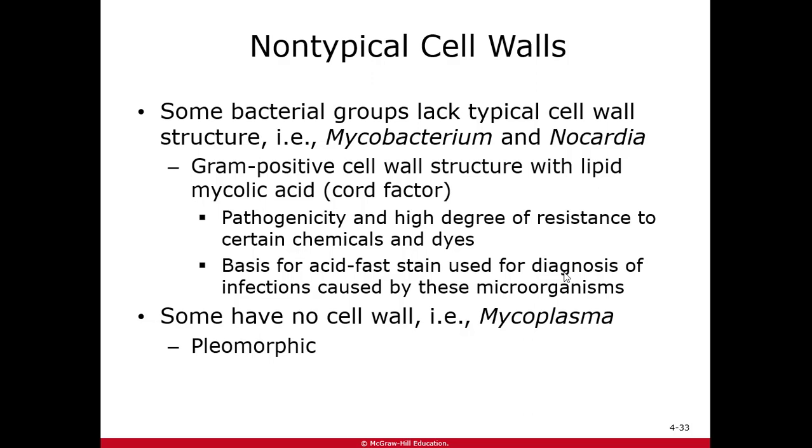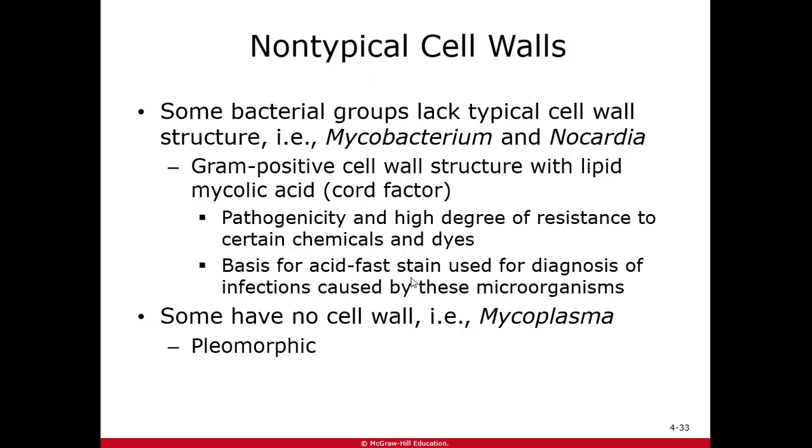You can't stain a lipid with a water-based stain. So in that case, if we suspect a patient has a bacteria in one of these two genera, we would have to do a stain called an acid-fast stain that will specifically stain that mycolic acid a certain color. And in lab, we're going to go over those acid-fast stains.